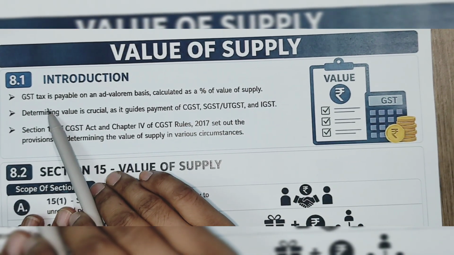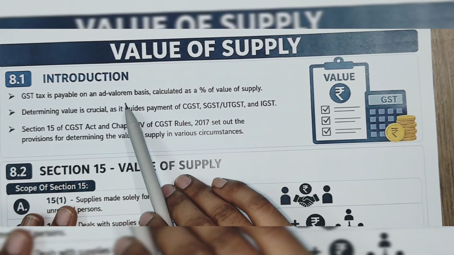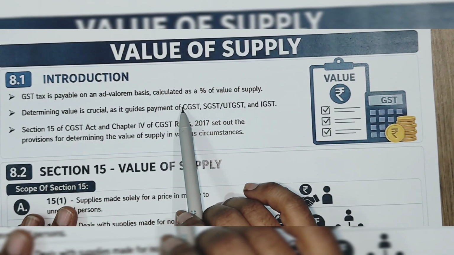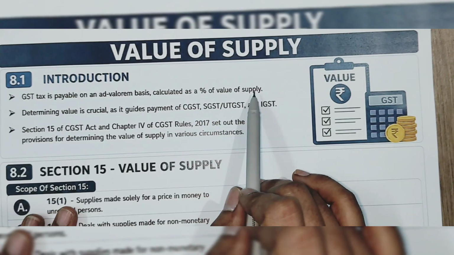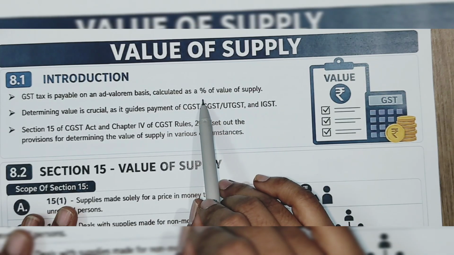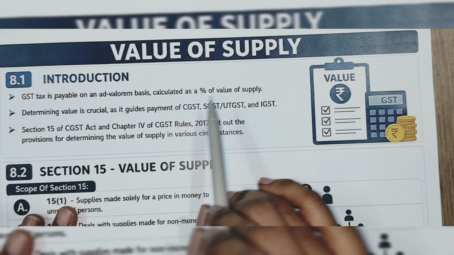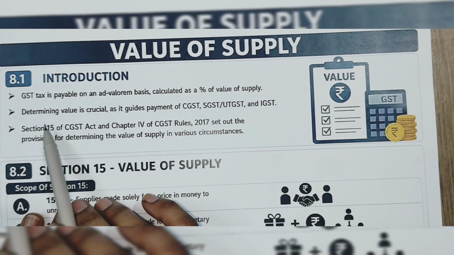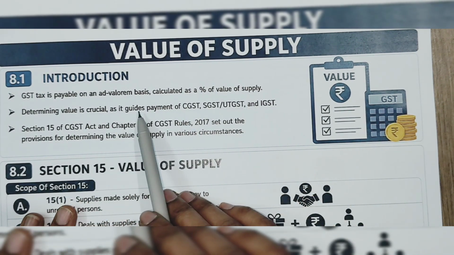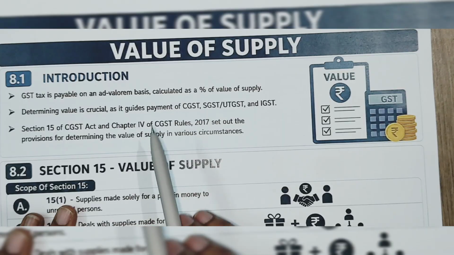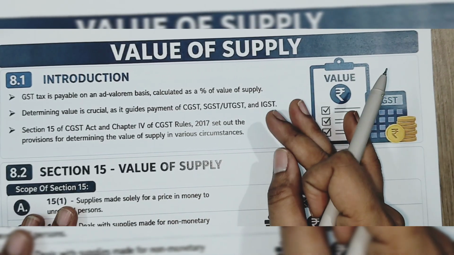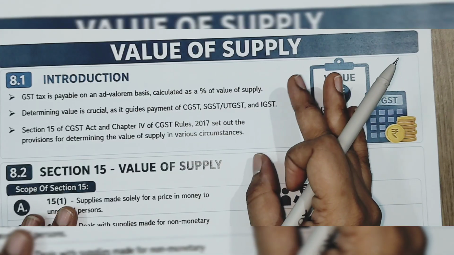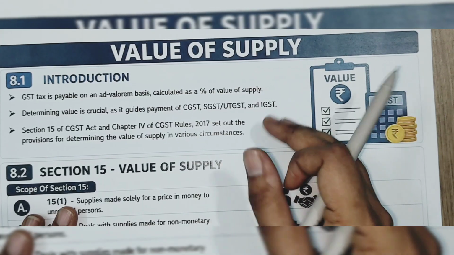GST is a tax payable on ad valorem basis and calculated as a percentage of value of supply. Percentage on what? Value of supply. And determining this value is crucial because this will guide us whether CGST, SGST, UTGST, and IGST you have to impose.